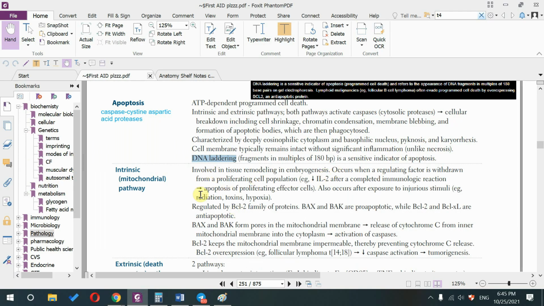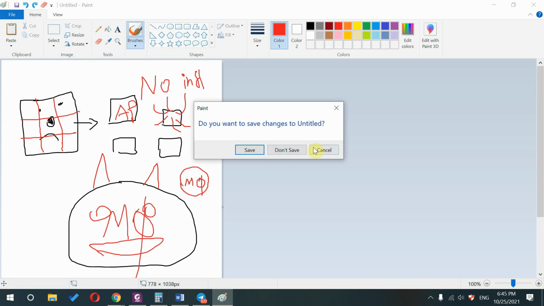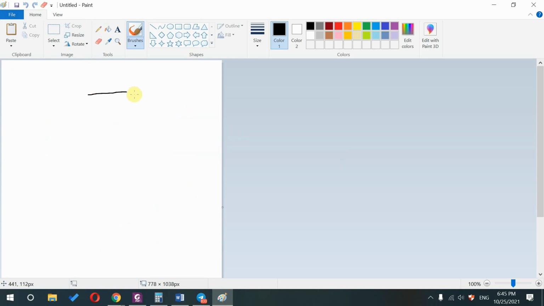So yeah, the intrinsic pathway is involved in tissue remodeling and embryogenesis. It occurs when a regulating factor is withdrawn from a proliferating cell population. So what is that again? For cells to proliferate, let's imagine any type of cell, it doesn't matter.